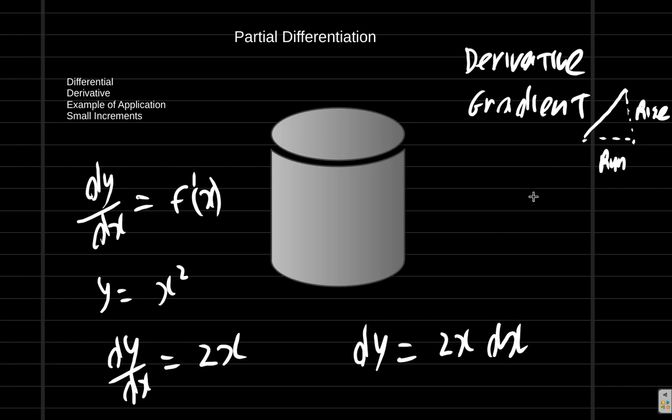Now you remember, like for example, in integration, we would say, what's the integral of x squared dx? Meaning that x is the variable. Dx is a small change in x. Alright? It means that x is the one that's changing.